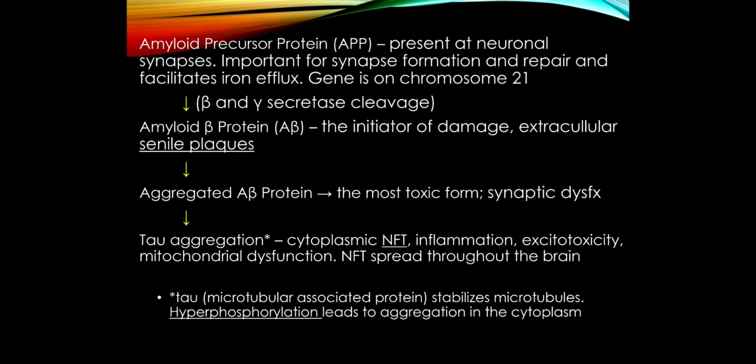Now, it is very complicated. How is amyloid related to tau? And so I'm not going to go into this. It's not understood very well, but sort of in parallel with this amyloid beta protein formation and aggregation, we also get tau aggregation.